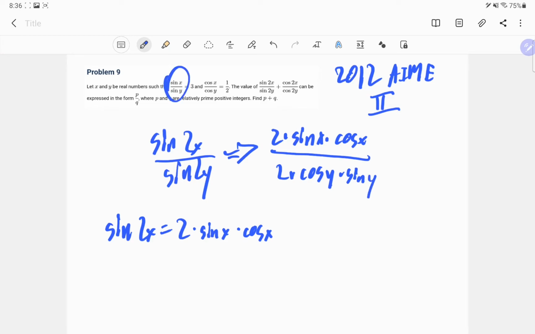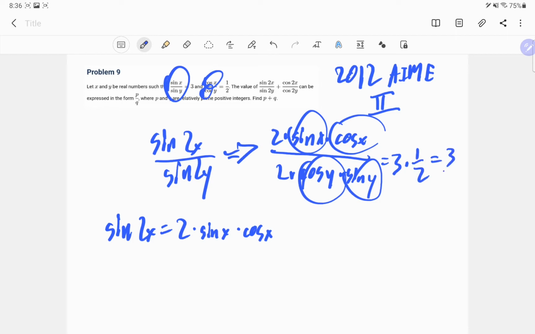Since we know that sine x divided by sine y is equal to 3, and cosine x divided by cosine y is equal to 1/2, we have this term equal to 3/2.